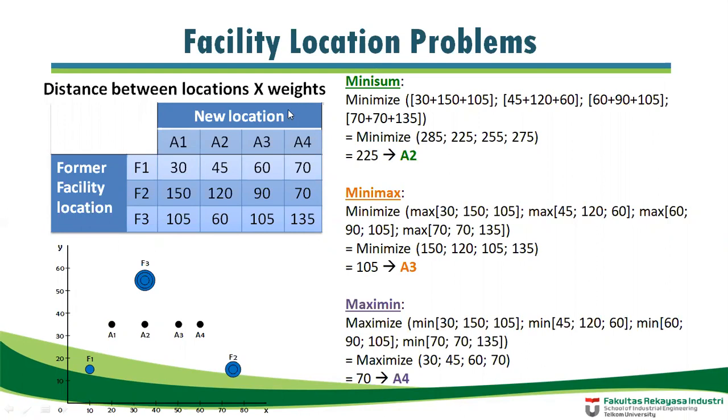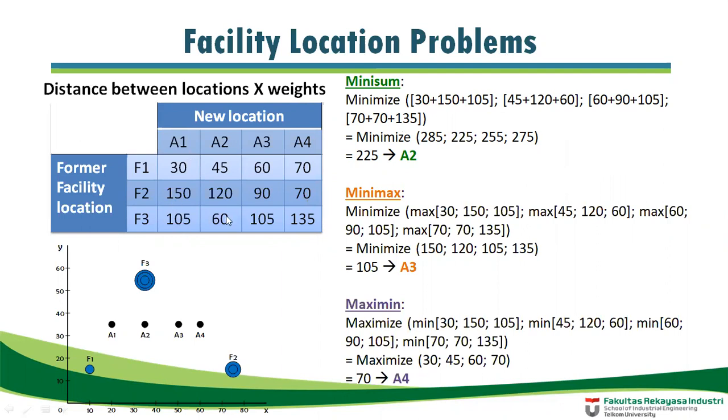Now for the facility location, we can use optimization by using Minisum, Minimax, or Maximin. In Minisum, it means just minimizing the sum: 30, 150, 105. 45 plus 120 and 60, 60 plus 90, 105, and the rest is 70, 70, 135.